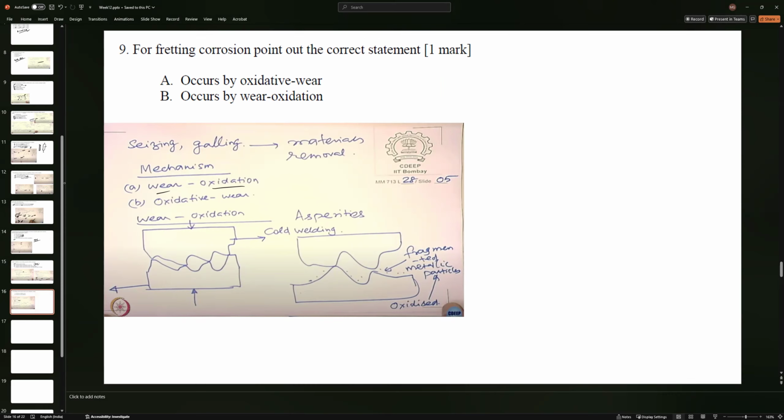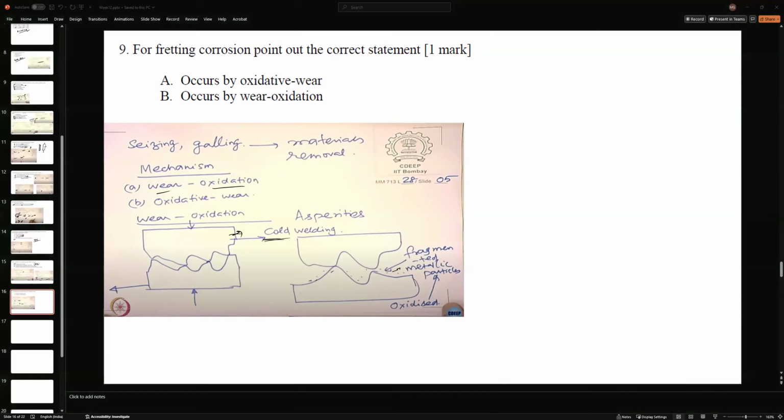Wear oxidation means the surface is microscopically rough. Whenever there is relative movement, initially there is cold welding between the metal surfaces, and when you separate them, tiny fragments break apart and get oxidized. So that's the first mechanism.